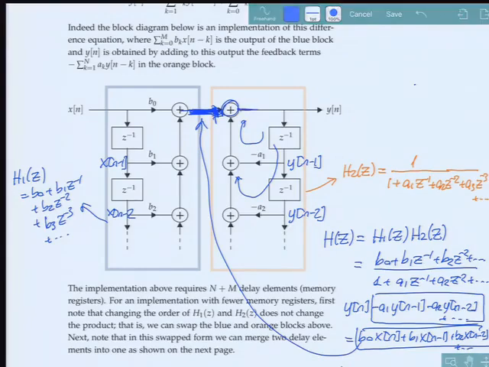It's equating y of n to the sum of these negative feedback terms plus all the input terms that are flowing in this branch. So in a sense, this block diagram is easier to connect to the difference equation, but we know that both of them also connect to this transfer function. Everything is connected with everything else.